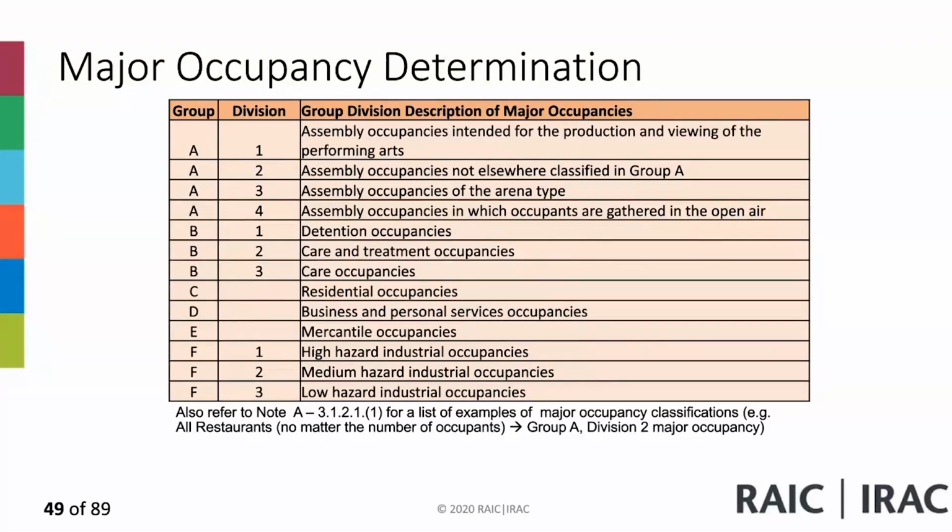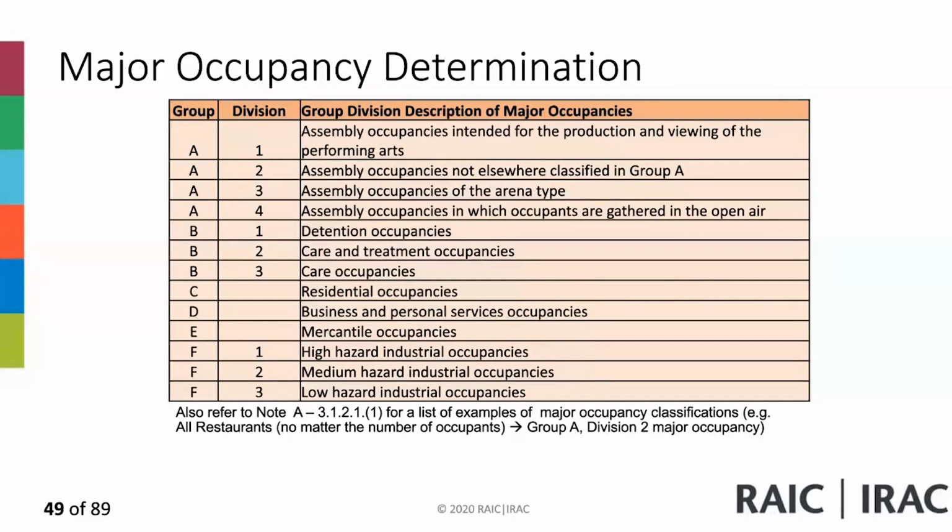Now, in terms of major occupancies, we've got multiple definitions. Take a look at 3122, occupancies of same classifications. They are major occupancies, so even though they are similar classification, group A, if they are different divisions and they are not part of the major use, they are separate major uses, you've got to separate them.